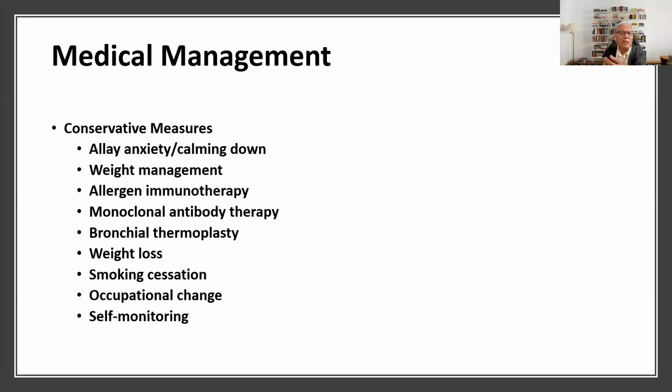That's when they give you several allergen triggers to stimulate the production of antibodies. Now, the other thing is smoking cessation, occupational change, and sometimes self-monitoring, which means the patient is going to be taught to determine what might be the possible triggers and therefore to avoid them.